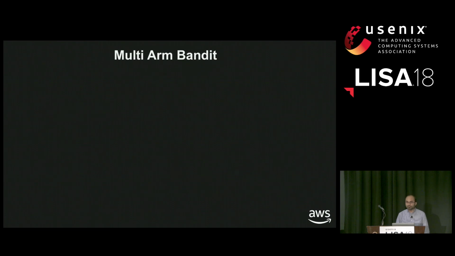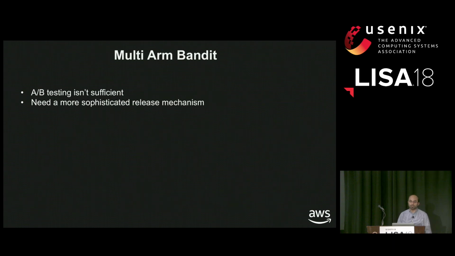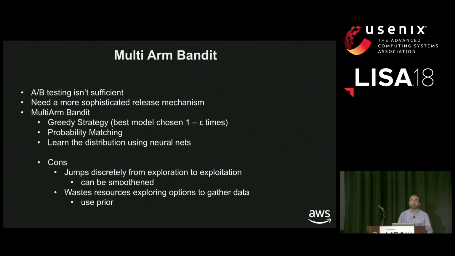A/B testing, yeah, good, but truly it'd be great to think about a MultiArm Bandit strategy. A/B testing may not be sufficient all the time, so you want to have more different models. You want to think about a more sophisticated way, a staggered way of releases, just like you think about in other applications.